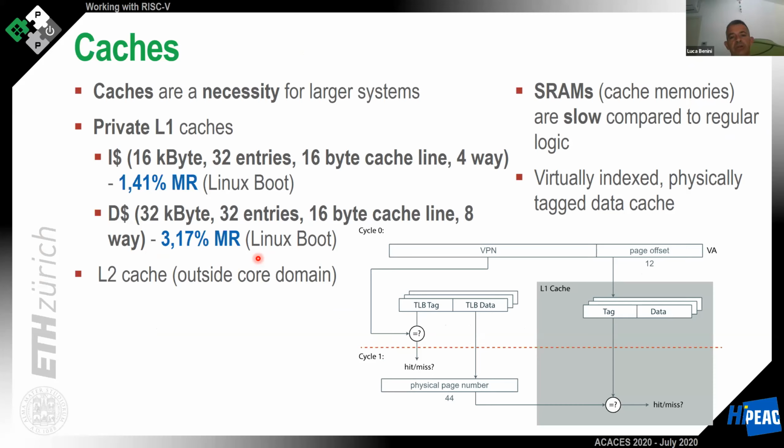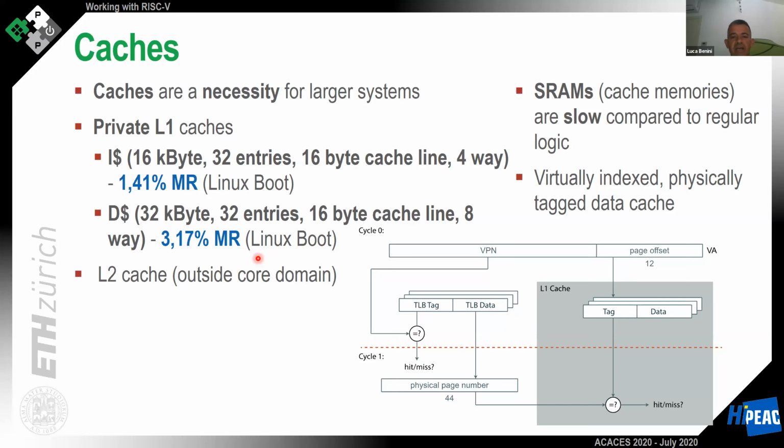So we went for a very simple and reasonable cache design. So 16 kilobyte, 32 entry, 16-byte cache line, and 4-way. This is also parametric, but parameterization doesn't come for free, in the sense that it will impact your cycle time if you want to make your cache much bigger.